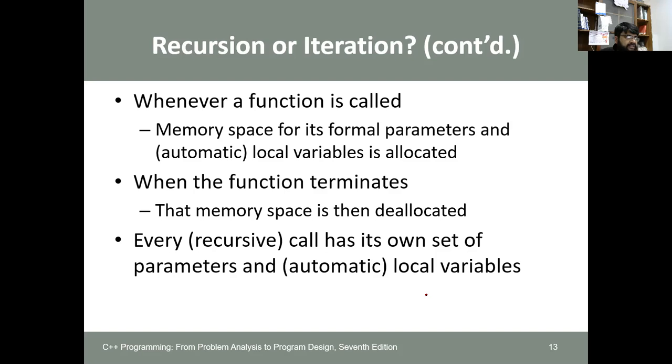Whenever a function terminates or finishes its execution, the memory space that was allocated for its formal parameters and local variables is deallocated. Hence, that memory is returned back to the heap, and it can be allocated to other functions from that point onwards. However, with a recursive call, each call has its own set of parameters and automatic local variables. That was what I told you before.